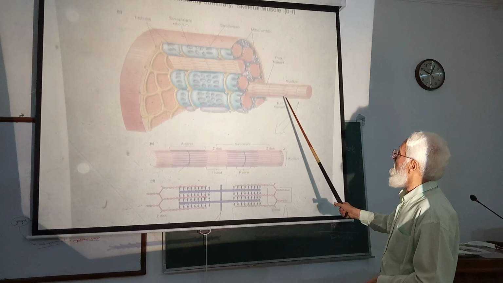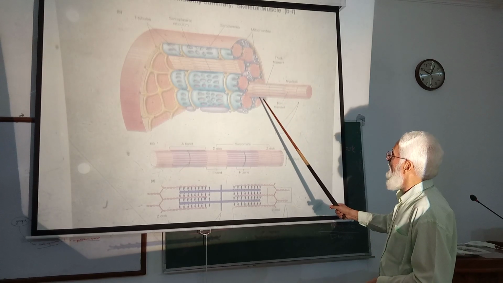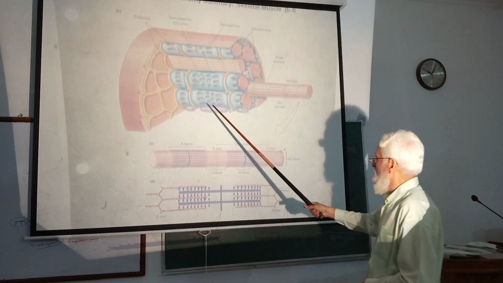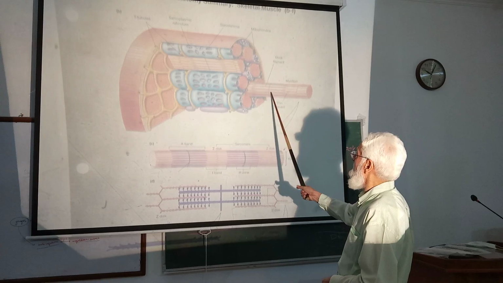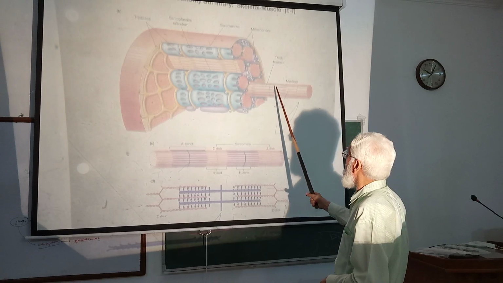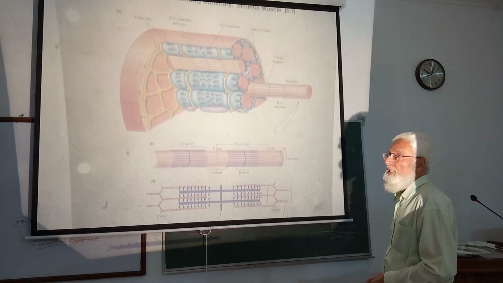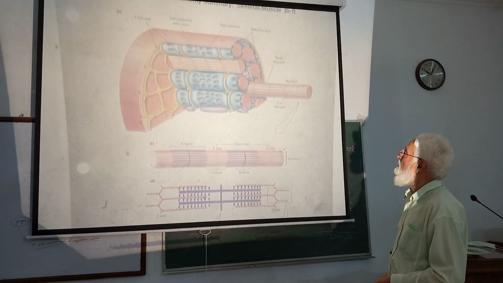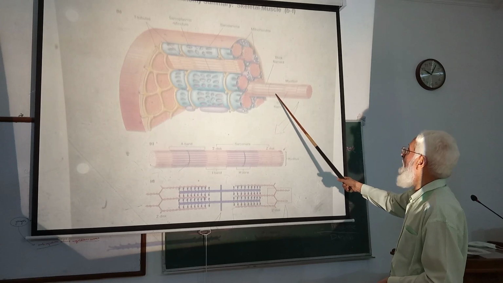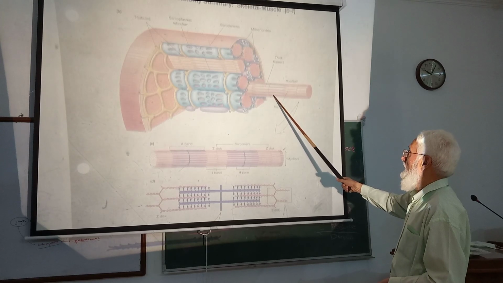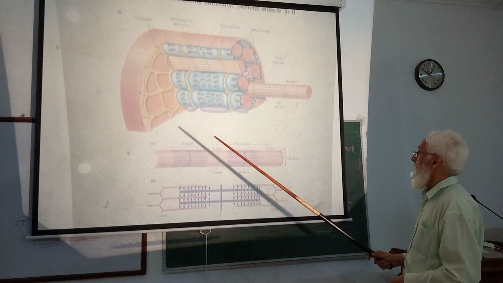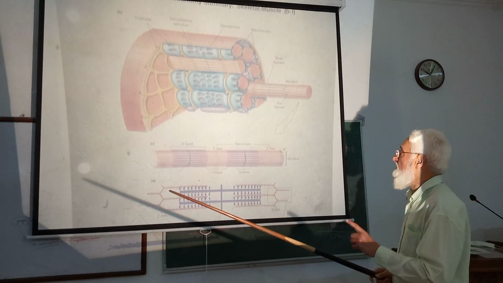Now, each myofibril is parallel to the muscle fiber. Each myofibril is 1 to 2 micrometer in diameter, and there are a number of myofibrils in a skeletal muscle fiber.